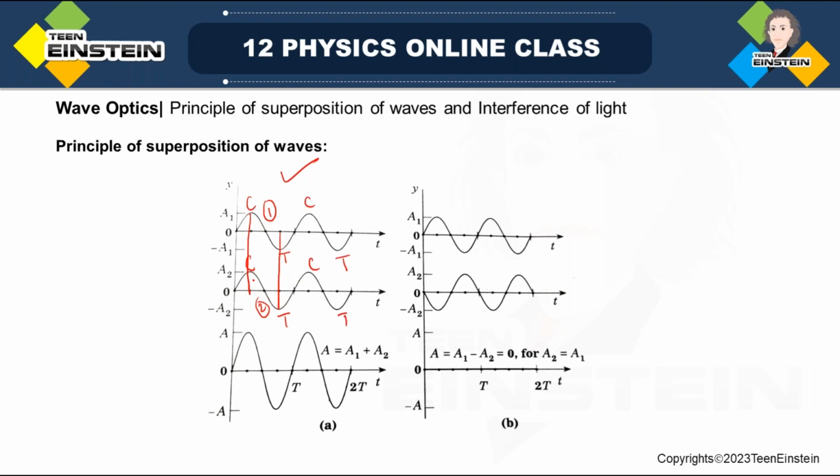So when crests and troughs are meeting at the same positions for the two waves, then we say that these two waves are in phase. Okay, these two waves are in phase. They are meeting in phase.